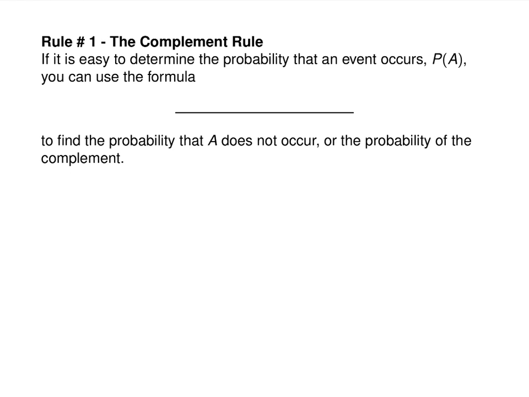Okay, so the first rule is this complement rule, which we've discussed, I think, twice now. So if you know that the event A occurs, how can you find the probability that A does not occur? Opposite of A. Yeah, so A complement is the opposite of A. So what is P of A plus P of A complement? What do those have to add up to? 1.